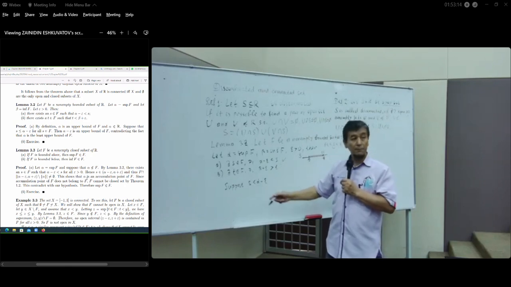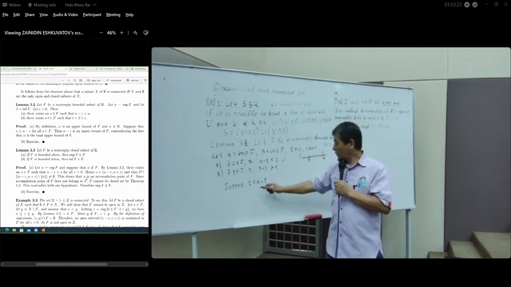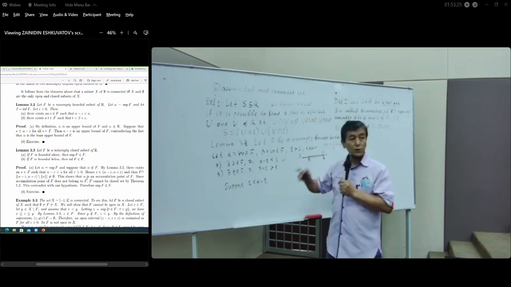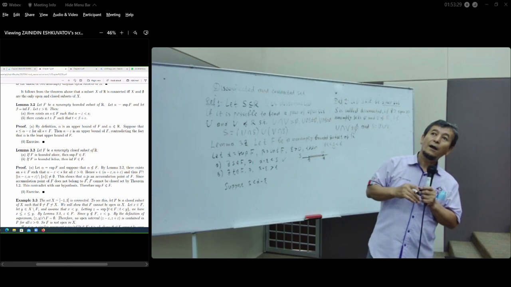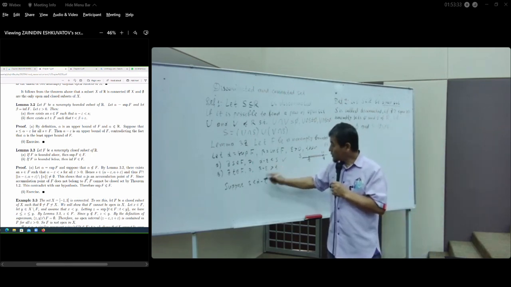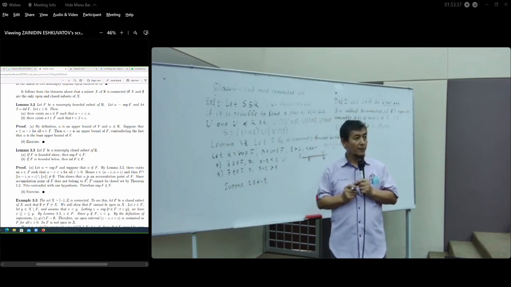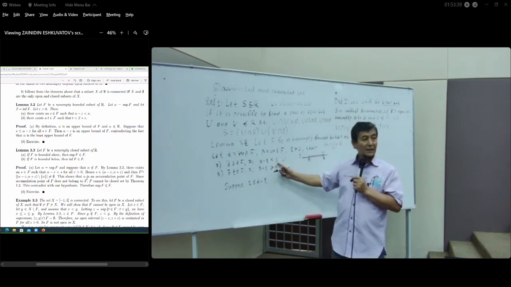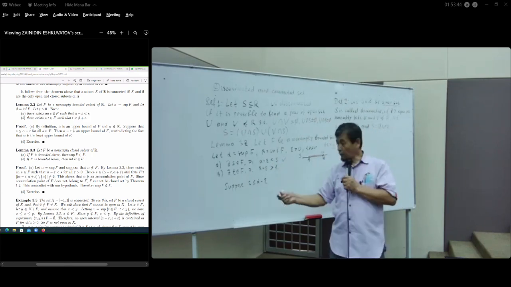Here we are supposing the opposite because this is a contrapositive proof we are using. Here it's strict, so when we suppose the opposite, it means it can reach. Yes, it is correct.